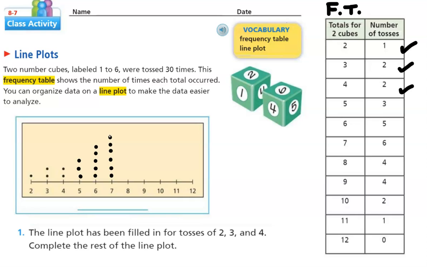Then for 8, that happened 4 times, so we'll do 4 dots. I hope you can see that I'm just getting that information from over here on the side. And then for 9, that also happened 4 times.